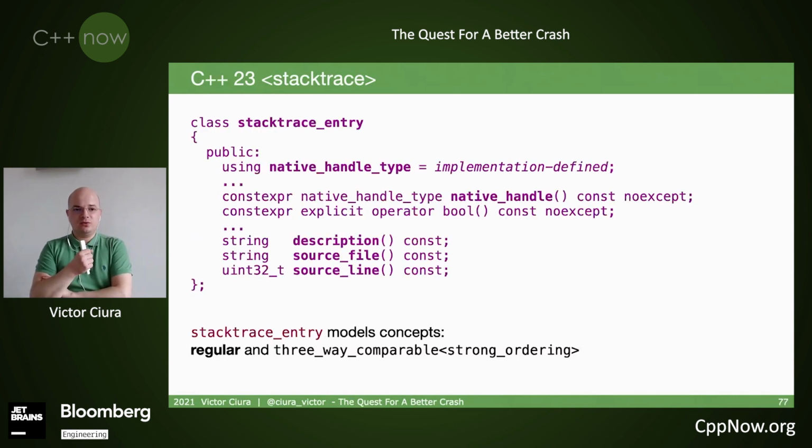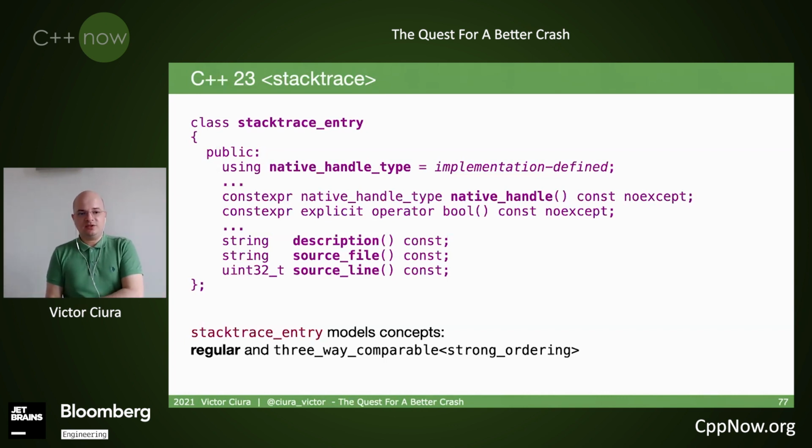This is how it would look like. You have a native handle type, similar to how, for example, standard thread has a native handle type, which is implementation defined. And you have means to reach out and get this native handle, and you would probably access more information if you take a platform-specific route and use platform-specific APIs to drill and get more information than the standardized API gives you, if you need so.